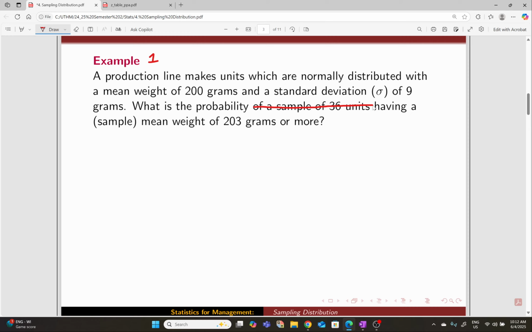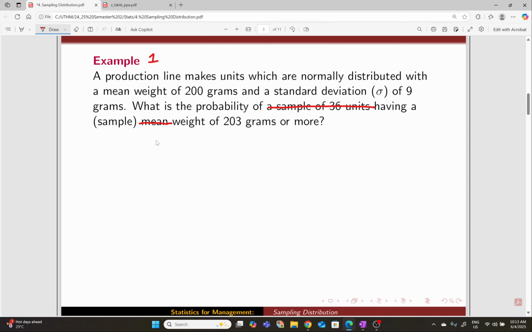What is the probability of having a weight of, okay, so this is the thing.